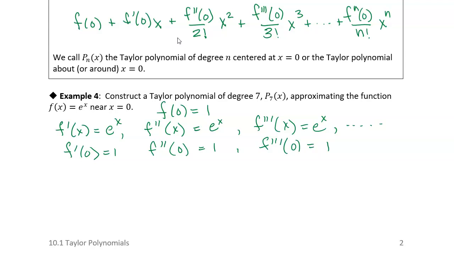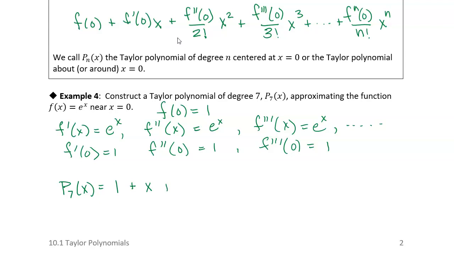And then it's just a matter of plugging those values into the formula. So we have P7, so n is 7, of x is equal to 1 plus 1 times x, which is just x. I'm just going in and putting the values into the formula.